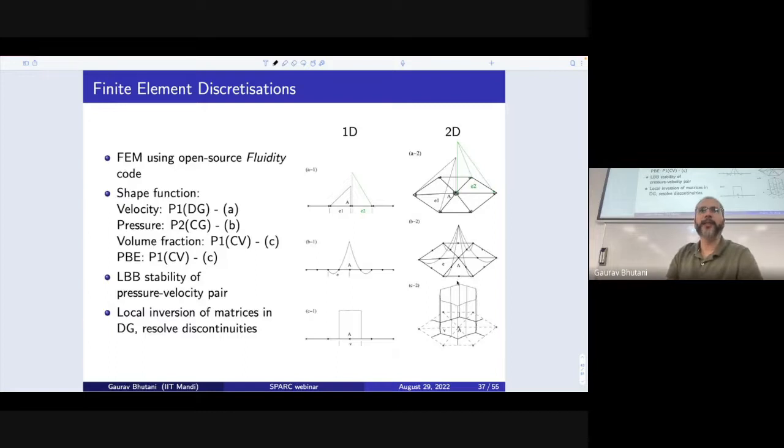So in Fluidity, which we'll be using to solve these equations, we can have different kinds of shape function, not just linear. We can have P1, which is linear. We can also have P2, second degree polynomials, which is quadratic as shown here. We can have continuous Galerkin, where you can see they are continuous across elements.